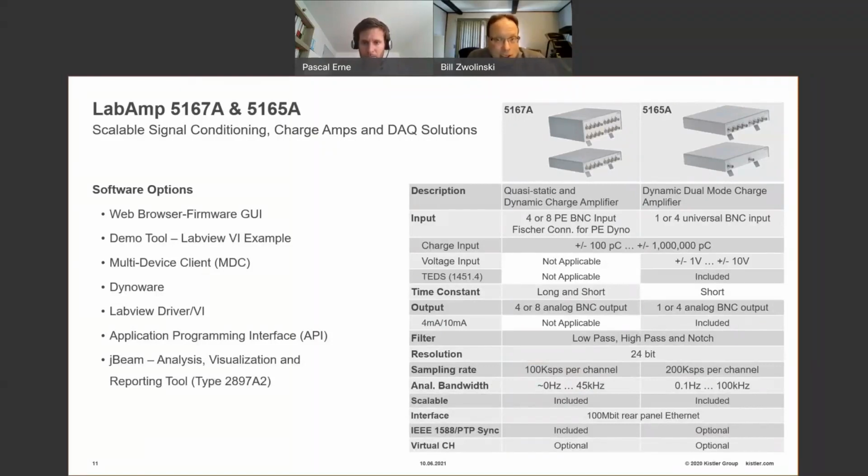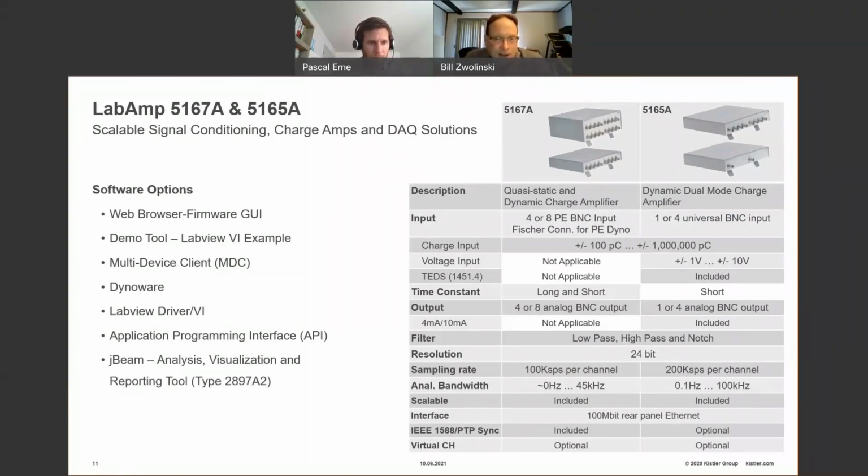Nowadays, charge amps like the LabAmp give you not only the high-end charge amplifier with all the rangeability we talked about, but also integrated data acquisition on top. So in one device, you're able to do the rangeability, the scaling, the quasi-static measurement, as well as record data upwards of 200 kilosamples per second per channel, which is quite powerful.